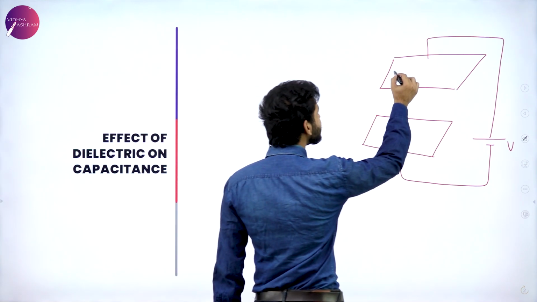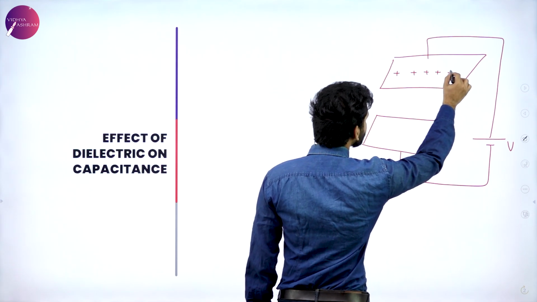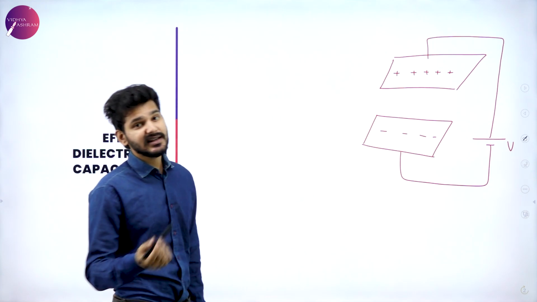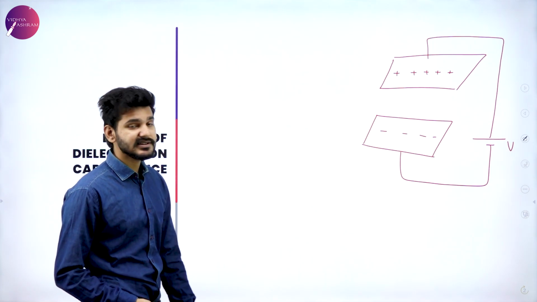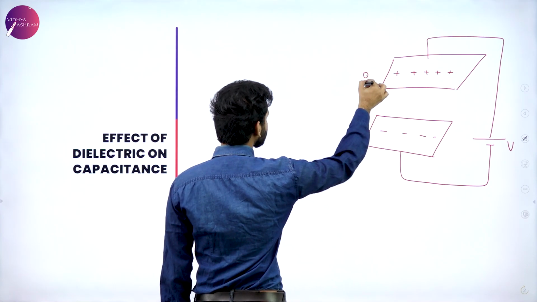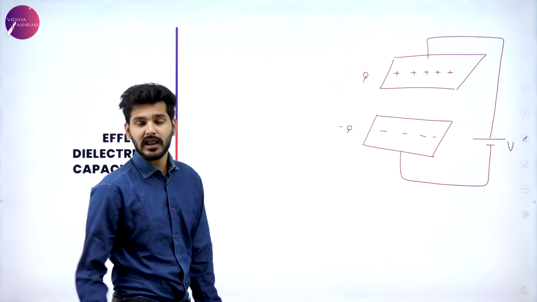That is, it will develop a positive charge on the top plate and a negative charge on the bottom plate. So there is obviously a potential difference between the two plates. One will be positively charged, let's say positive Q, and the other will be negatively charged, let's say negative Q.